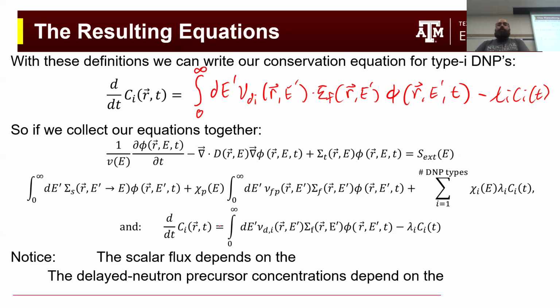And equation two also depends on the flux and on these concentrations. So the scalar flux is going to depend on the delayed neutron precursor concentrations, and the delayed neutron precursor concentrations are going to depend on the scalar flux.